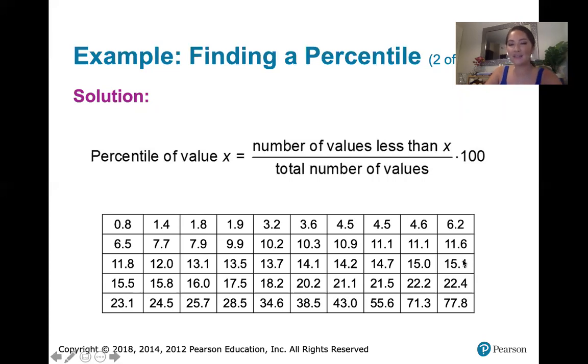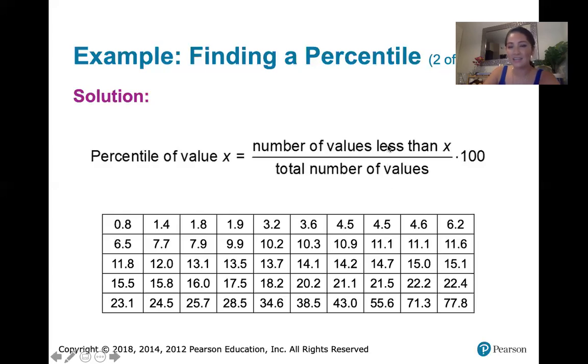And then the number of values less than x, I believe that would have to be 29, wouldn't it? There are 10 values in the first row, values 11 through 20 are in the next row, and values 21 through 30 would be in the third row. But the number of values that are less than that 15.1 is 29. We'd have these 20 plus these 9 right here.